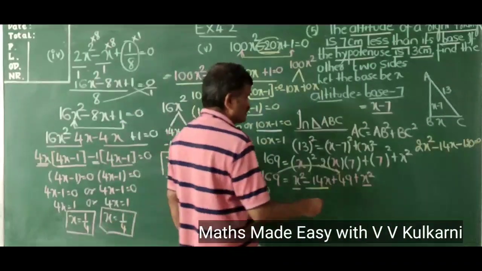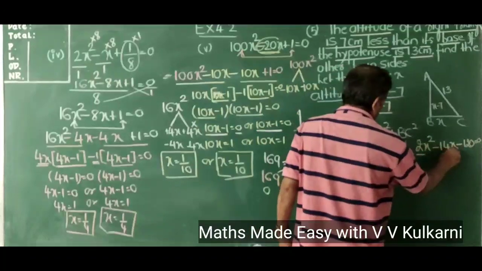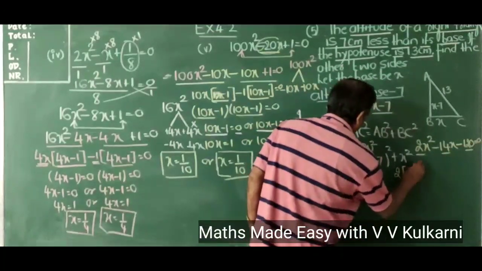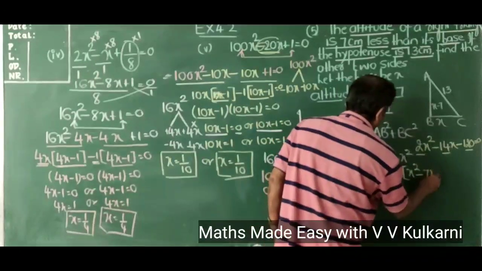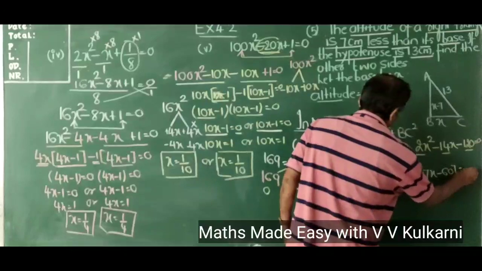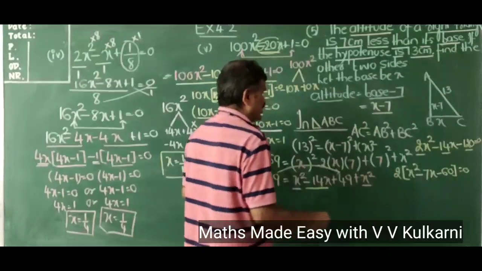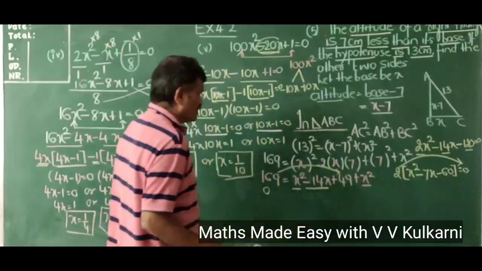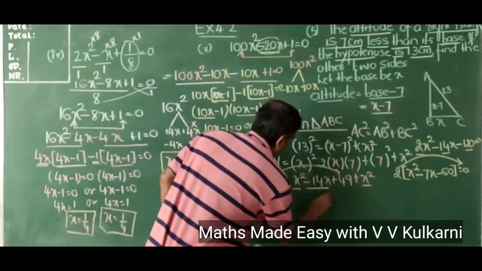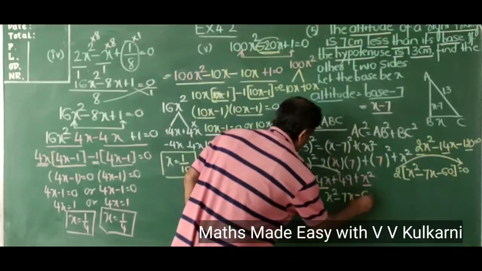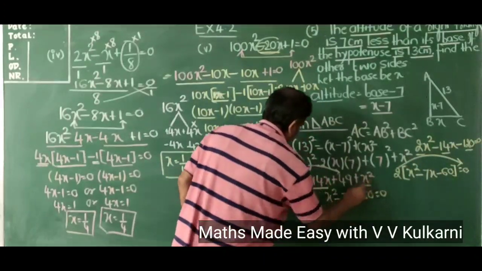You can clearly see that 2 is a common factor. So 2 into bracket x squared minus 7x minus 60 is equal to 0. Shifting the 2 to the right side, I get x squared minus 7x minus 60 equal to 0.